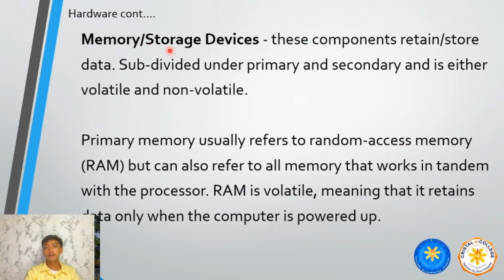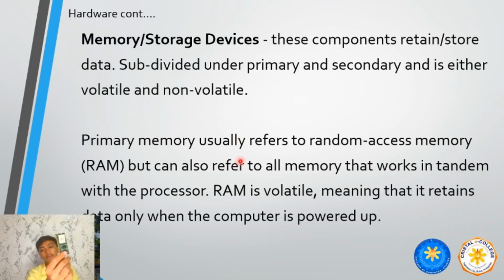Next is storage devices, or the memory or storage devices. These components retain or store data and are subdivided under primary and secondary, and are either volatile or non-volatile. Primary memory usually refers to random access memory, or the RAM.